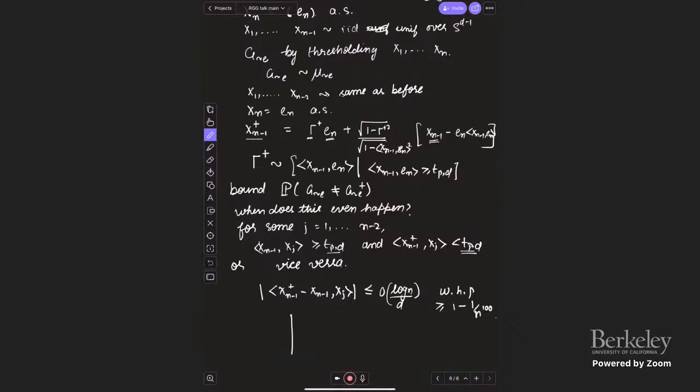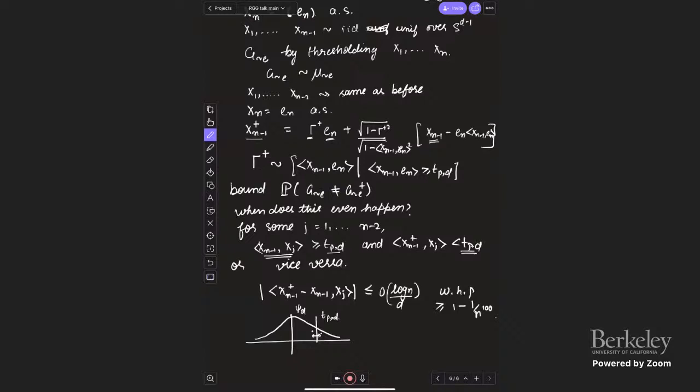Let's draw a picture. Let's say we draw the density of the distribution of <x_{n-1}, x_j>, that is psi_d, and the threshold is here, that is t_{p,d}. One of them is below the threshold and the other is above the threshold, but the distance between them is bounded by O of log n over d.